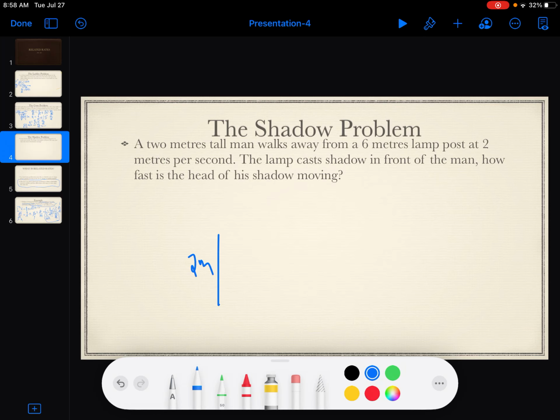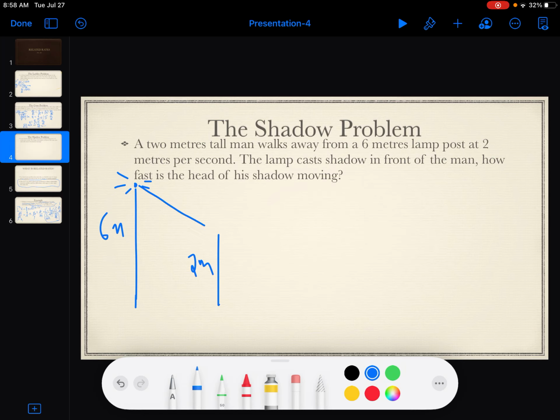And so, let's also draw the lamppost. We're just filling in the information we know. So, we got this lamppost. Got a light at the top. And this is 6 meters tall. So there's a light up there. And this light's going to hit the back of the man, and it's going to get blocked and cast a shadow in front of him. So, let's draw the light.